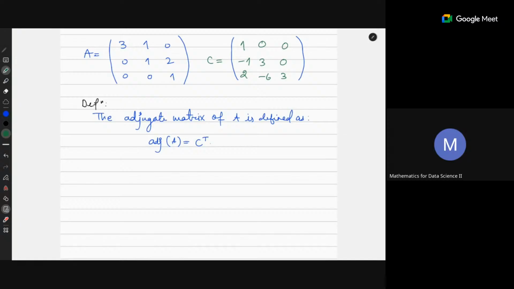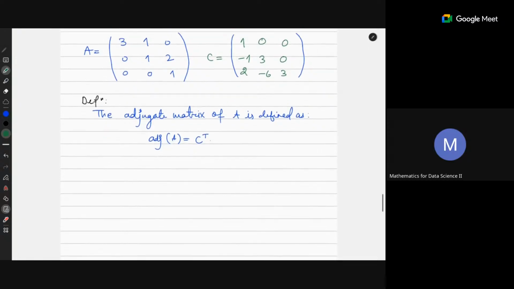So in the previous example, what is the adjugate matrix of A? The adjugate matrix is the transpose of the cofactor matrix. The cofactor matrix was this, and we take the transpose of this.